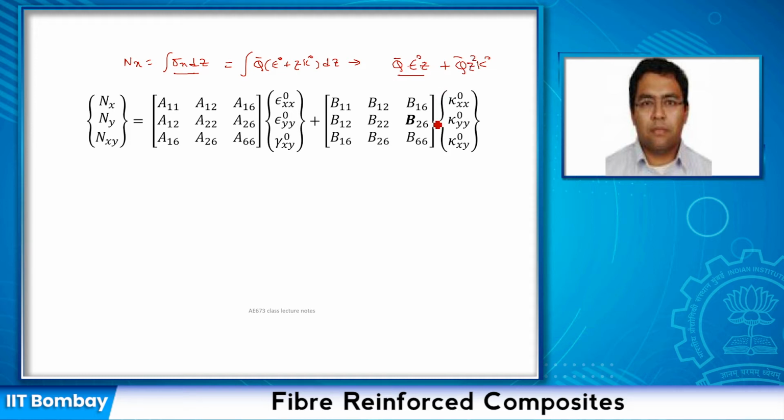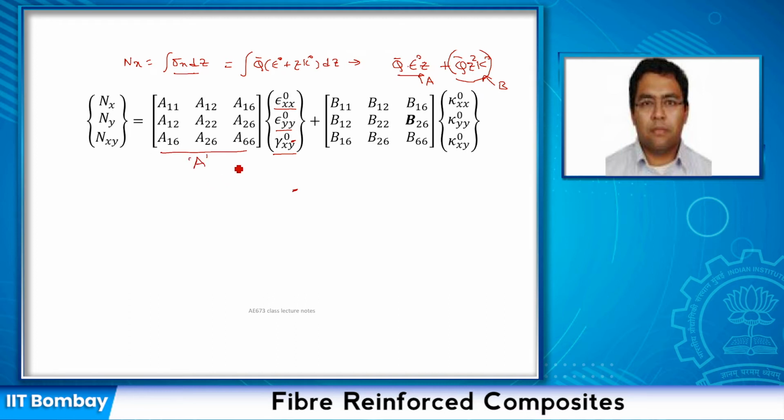So now these terms, we have said the quadratic terms as B, and the linear terms as A. So all the terms which are multiplying only the midplane strains, epsilon 0 xx, epsilon 0 yy, and gamma 0 xy, we call that the A matrix.